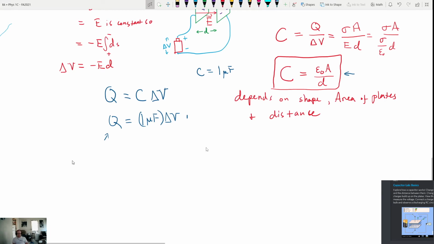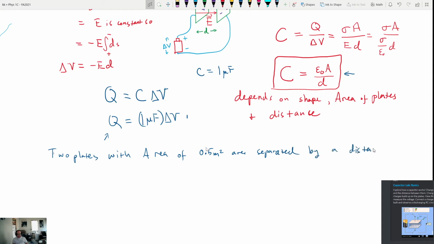So suppose that I tell you that you have two plates with an area of 0.5 meters squared are separated by a distance of, we'll use 2 millimeters.